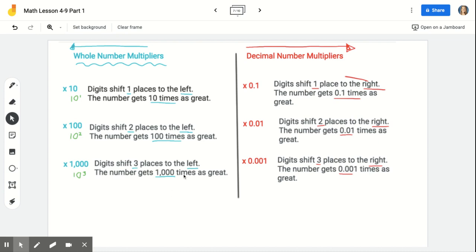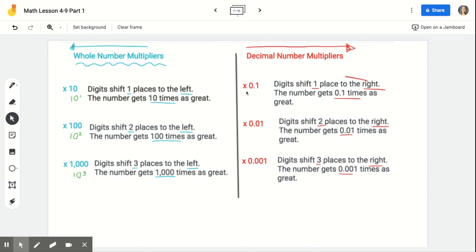The same goes when we're multiplying by decimal multipliers of base tens, which are times 1/10, I apologize, times 1/100, and times 1/1000. And you'll notice we looked at some patterns in which these relate to each other.